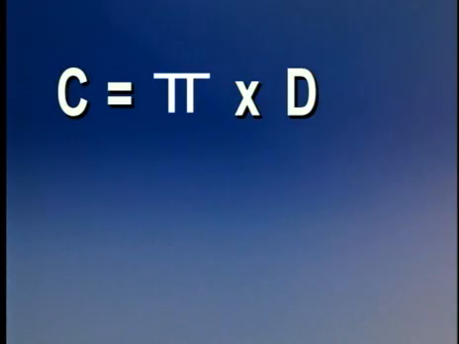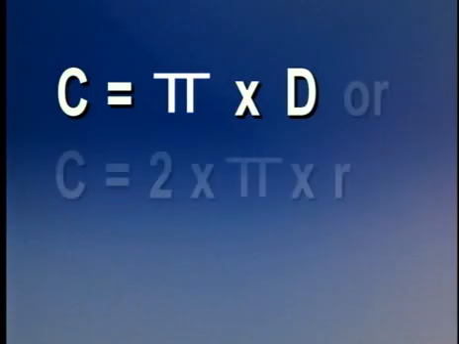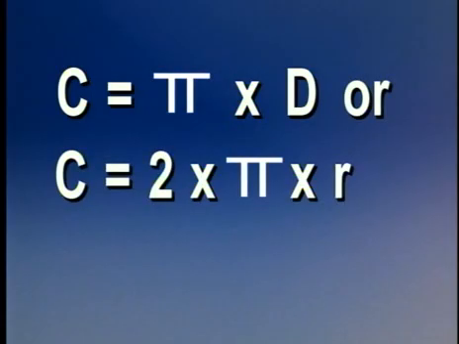Pi being this ratio, approximately 3.14, d being the diameter. Okay. Oh, you say, wait a second now, there's another formula up there. Well, of course there is, because we said that the diameter is twice the radius. And therefore, we can substitute 2 times the radius for the diameter, and we have 2 times pi times r.